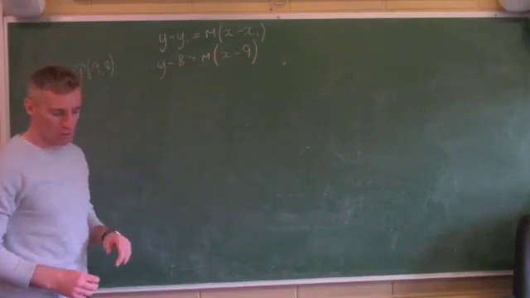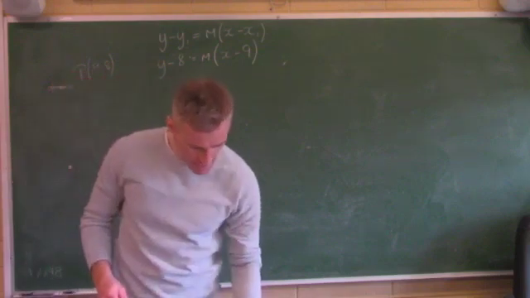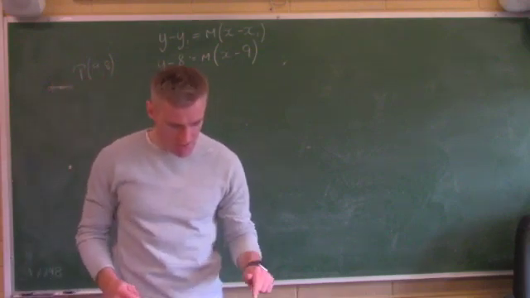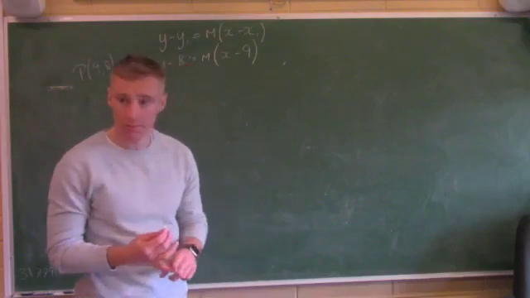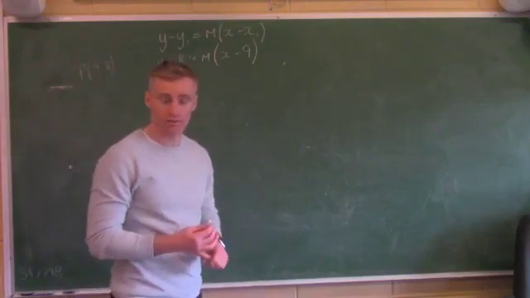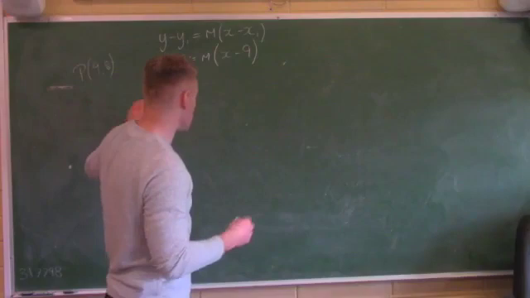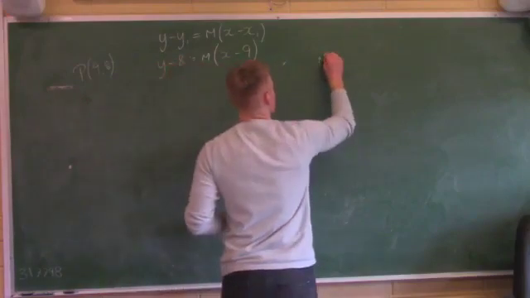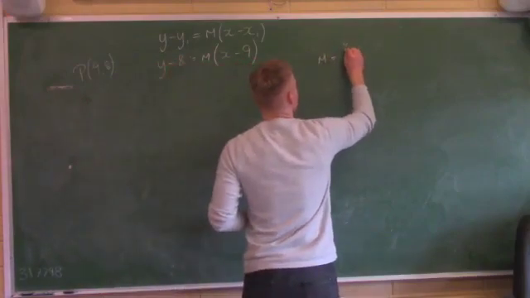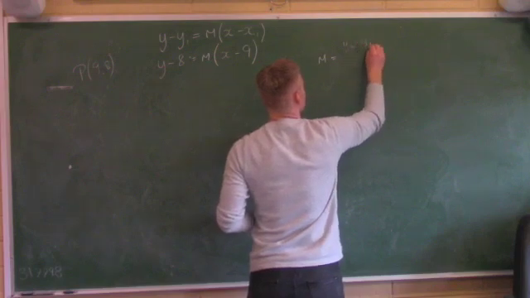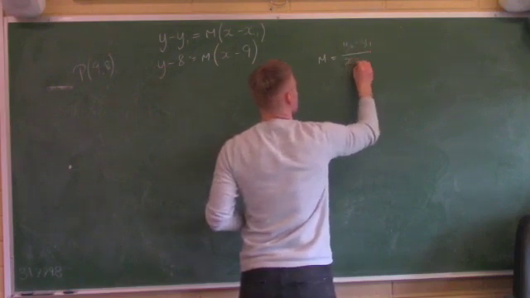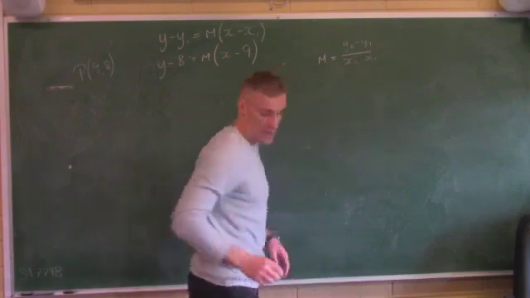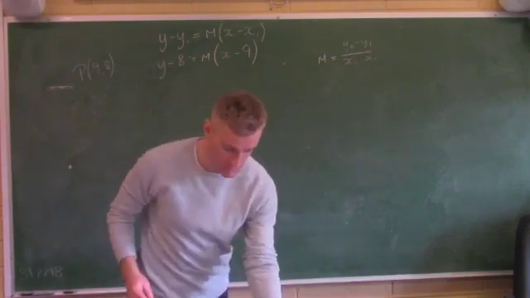How am I going to find my slope? Back to the question. It says the tangent to C at P. Well, I know C. I know the centre of it was 5, 5, and I have my point P. So I'm going to find my slope over here: y2 minus y1 over x2 minus x1. Again, where did I get that formula from?